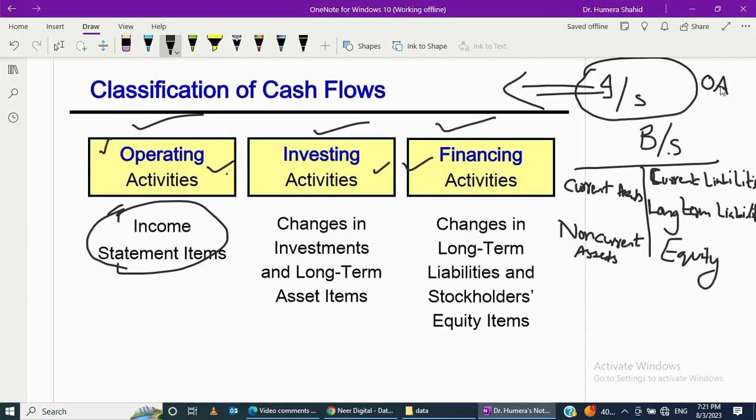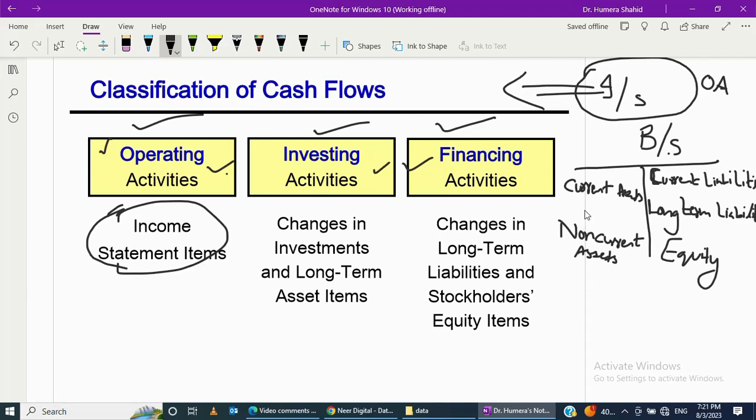Let's suppose you are preparing the cash based operating activities and you want to see how much cash revenues we have during the year. The income statement will have revenues, but they are cash and non-cash both. Right? So if you want to see how much cash revenues there are, you need to check accounts receivable, because if the revenue was non-cash, you did not collect the cash for it, it will be in accounts receivable that you have to collect.